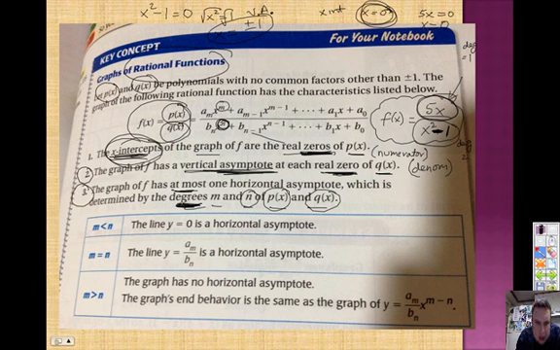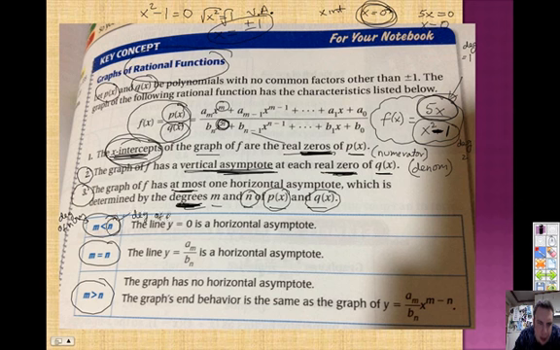Now look what happens. Here's the chart that you have to memorize. Write this down: m is the degree of the numerator, and n is always the degree of the denominator. If the degree of the numerator is less than the degree of the denominator, y equals 0 is an asymptote.